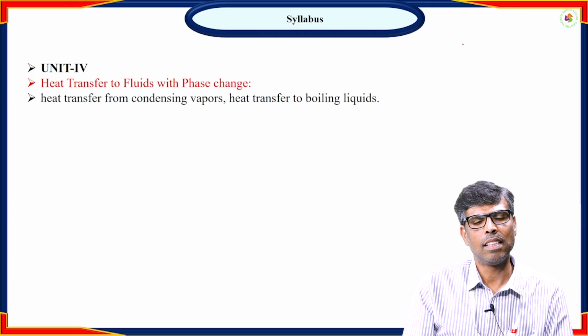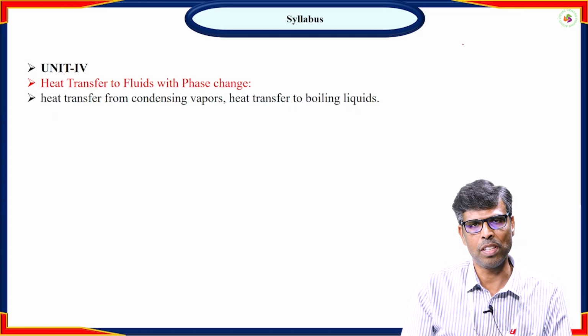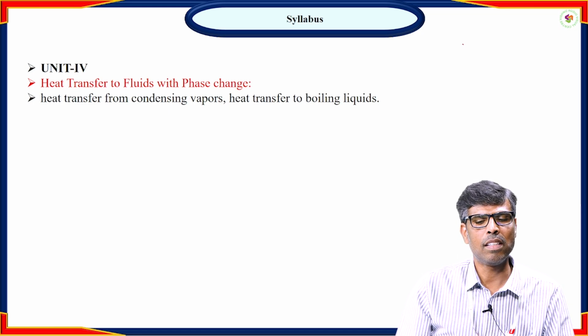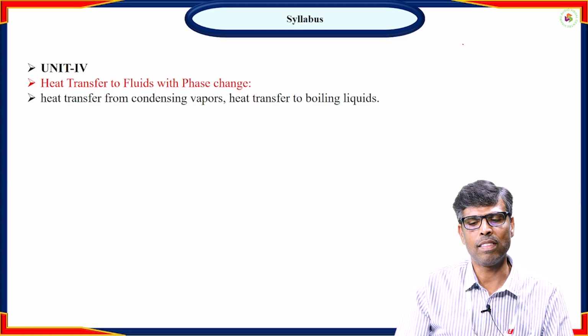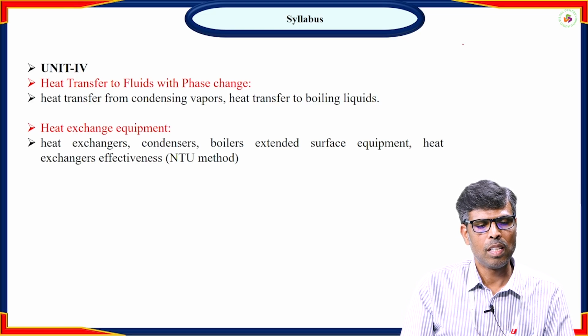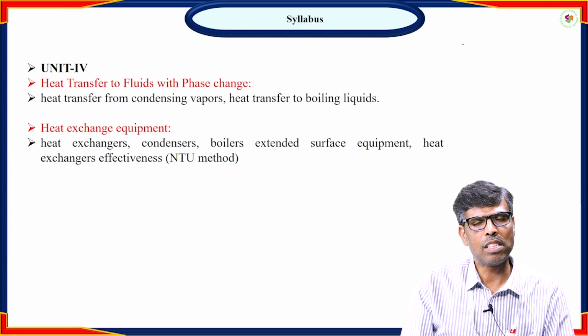The fourth unit has three parts. In the first part, heat transfer to fluids with phase change. In this, mechanisms for the condensation of condensing vapors and boiling liquids are discussed. In the second part of the fourth unit, heat exchange equipment is discussed.